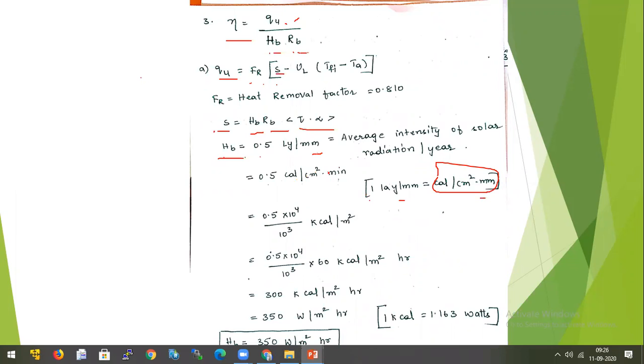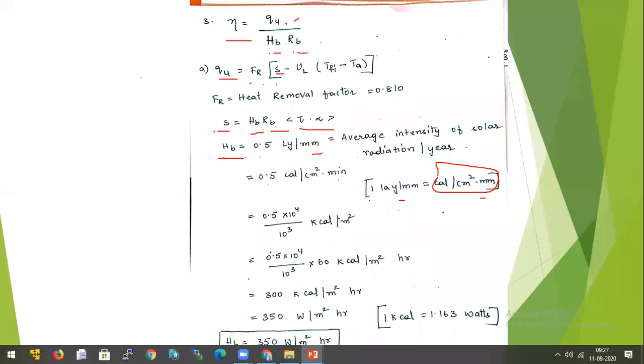And minutes you have to convert into hours. Centimeter square I am converting to meter square, so 0.5 into 10 power 4, because centimeters means 10 power 2 and centimeter square means 10 power 4. So 0.5 into 10 power 4 gives per meter square.